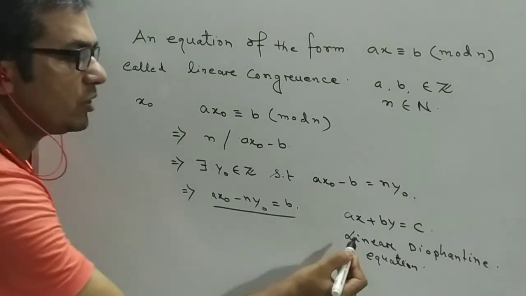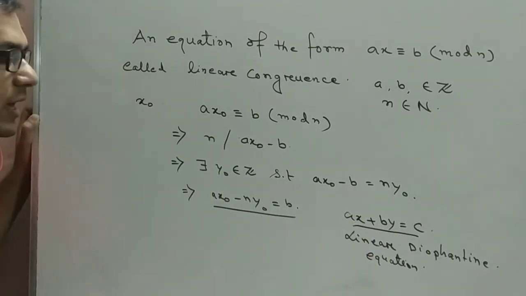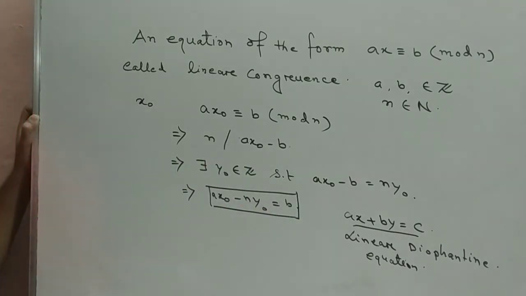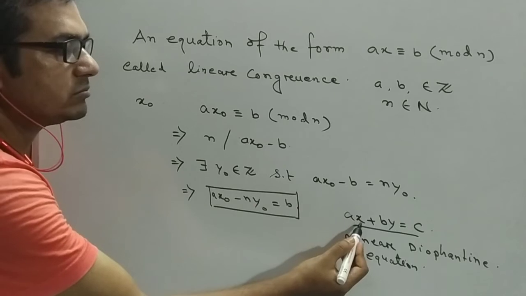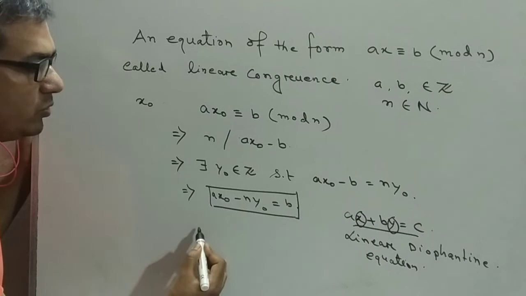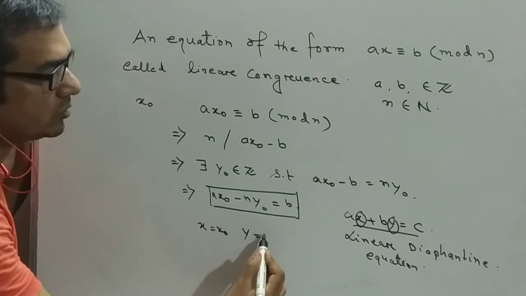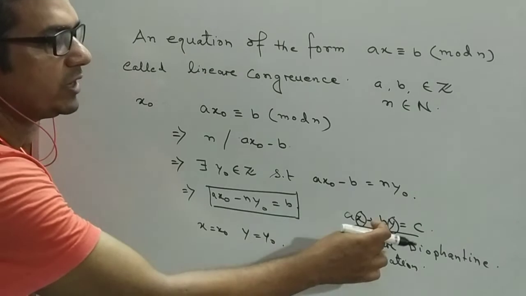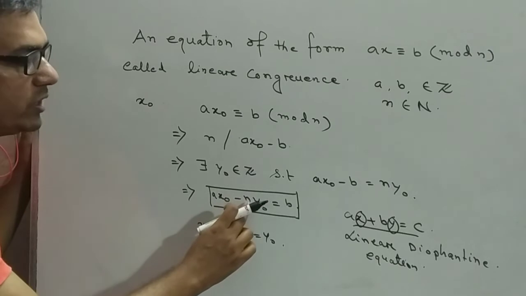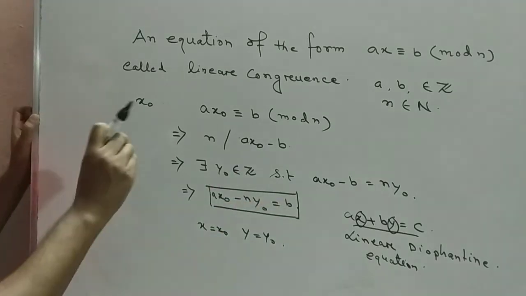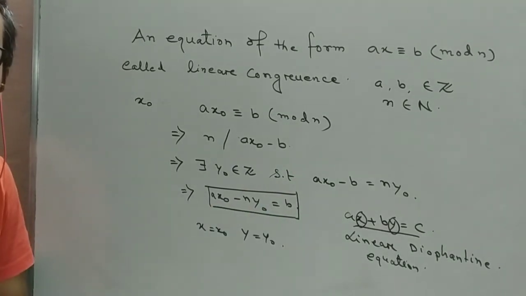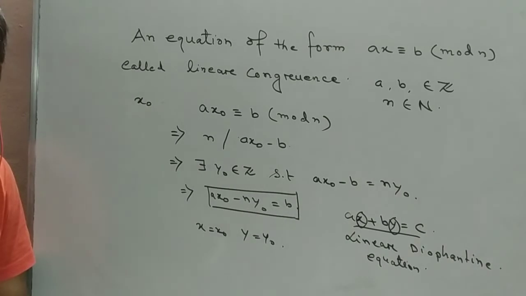So the solutions of a linear Diophantine equation and a linear congruence are equivalent, because here we get two variables, x and y, with values x equal to x0 and y equal to y0, such that Ax0 plus by0 equals C. And here also we get x0 and y0, such that Ax0 minus ny0 equals B. So we say that the linear congruence and the linear Diophantine equation have equivalent solutions, or the two equations are equivalent.